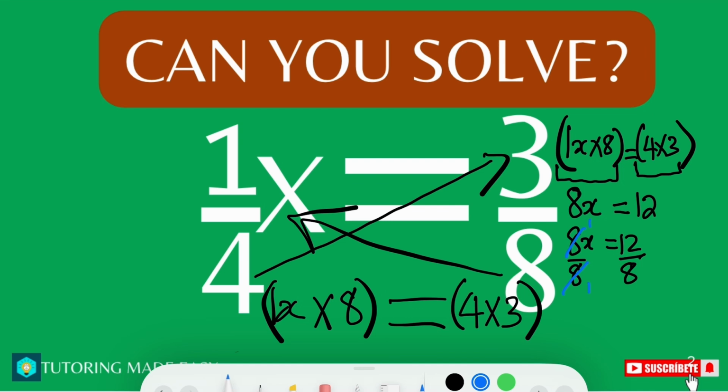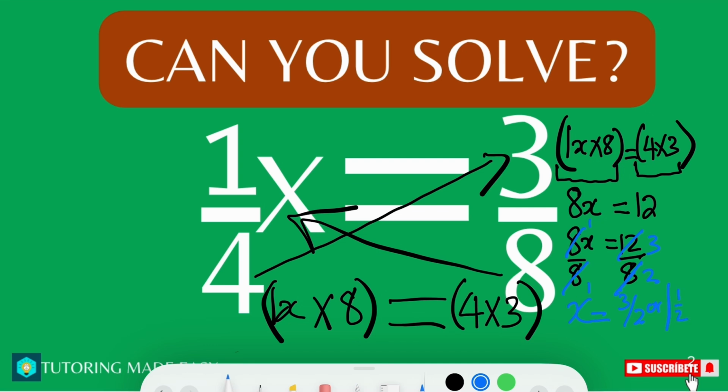The common factor between 12 and 8 is 4. So 4 multiplied by 2 gives us 8, and 4 multiplied by 3 gives us 12. So we can see that our x is 3 over 2, or 1 whole number 1 over 2.